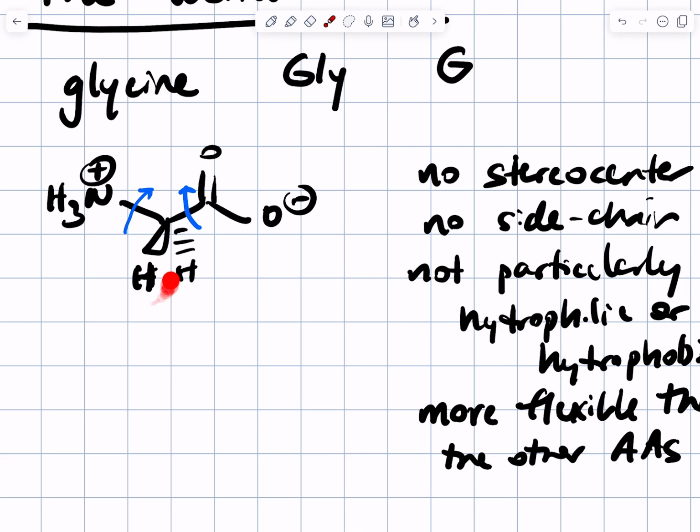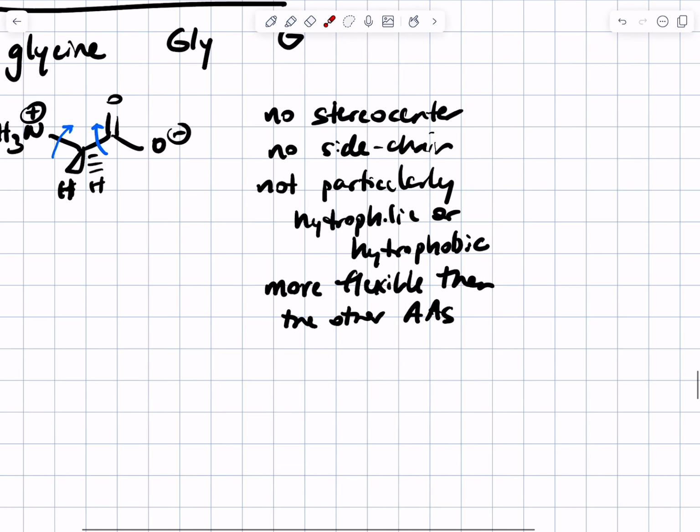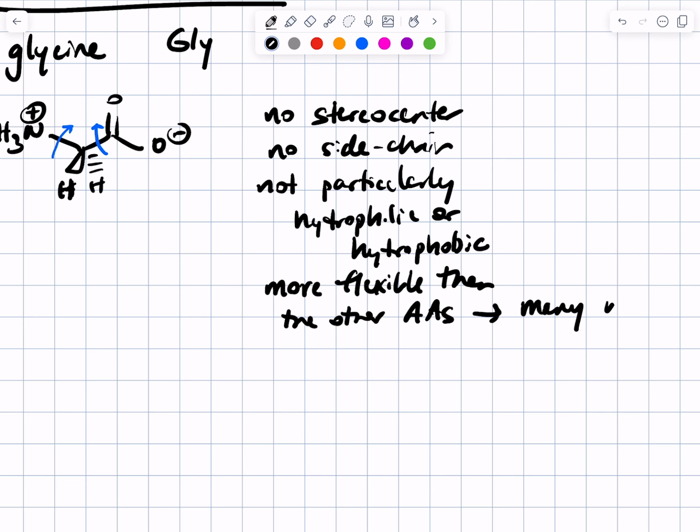If you have a side chain at one of these 2 positions, the dash position, for example, it changes which shapes the side chains prefer to adopt. If you don't have a side chain, those bonds are much more flexible in terms of rotation. So there are many more allowed conformations of glycine than for the other amino acids.